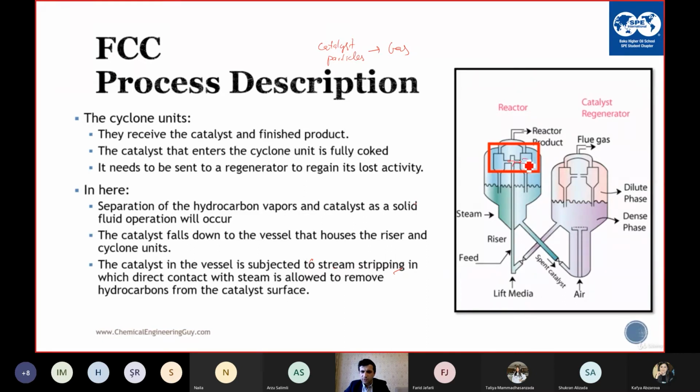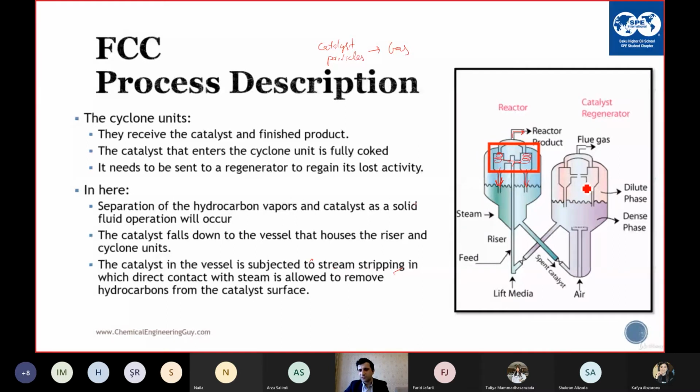Here you have the cyclone, and with the help of the centrifugal force, I forgot its name, and with this physical law, we can separate the catalyst. They go back to the reactor down, and the reactor product in this case leaves from the top. This is for the reactor part.